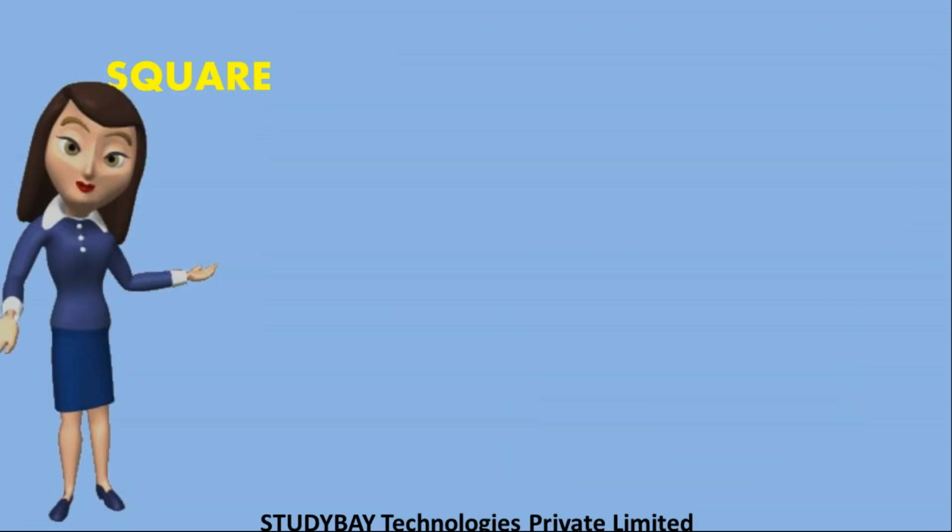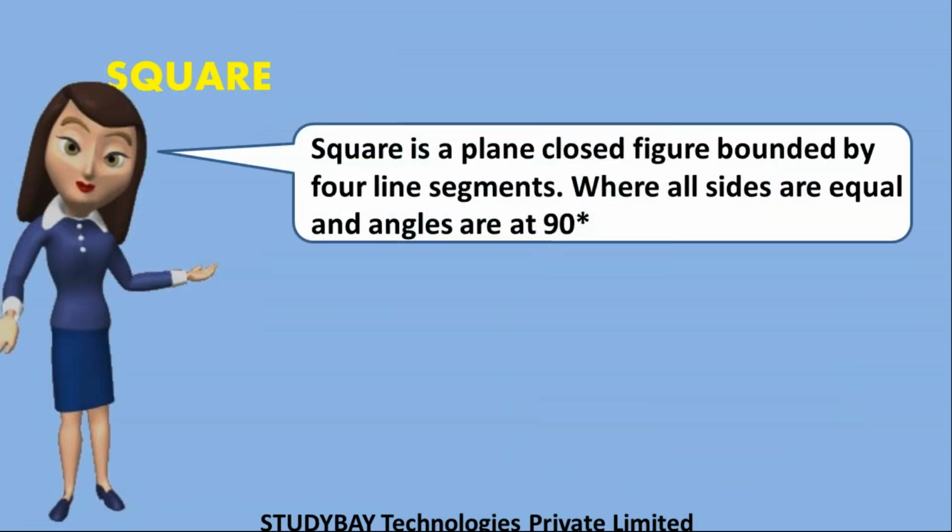Then we have a square. A square is basically a plane closed figure bounded by the 4 line segments. Here all sides are equal and the angles are at 90 degrees. So the only point that separates a rectangle from a square is that all sides in a square are equal.